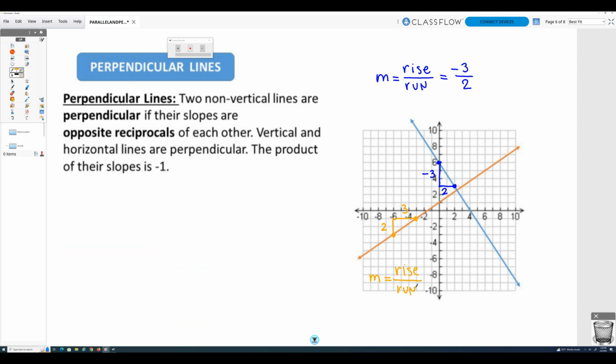Two units up and 3 units across. +2/3 is the opposite reciprocal of -3/2. Blue line and red line are perpendicular to each other.